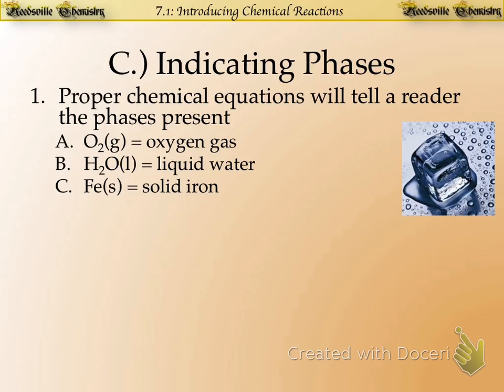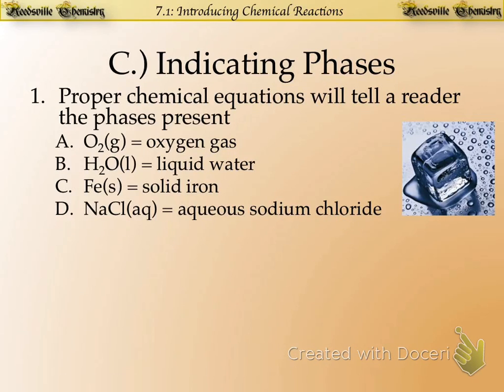But there's one last phase that's really kind of confusing, and it's probably the most used phase in a high school chemistry course, and that's AQ. AQ means aqueous. So if you see NaCl with parentheses AQ, that means you have aqueous sodium chloride. This means that the NaCl is actually dissolved in water.